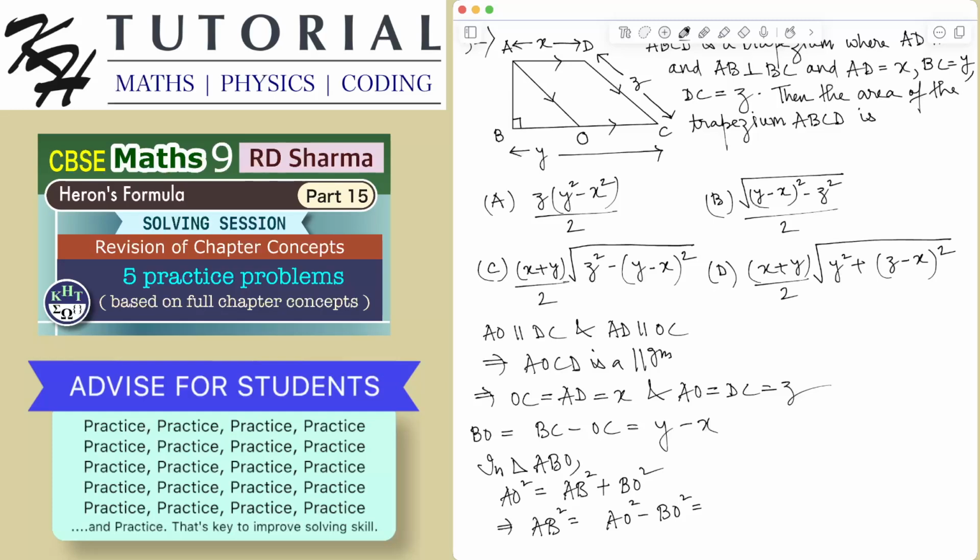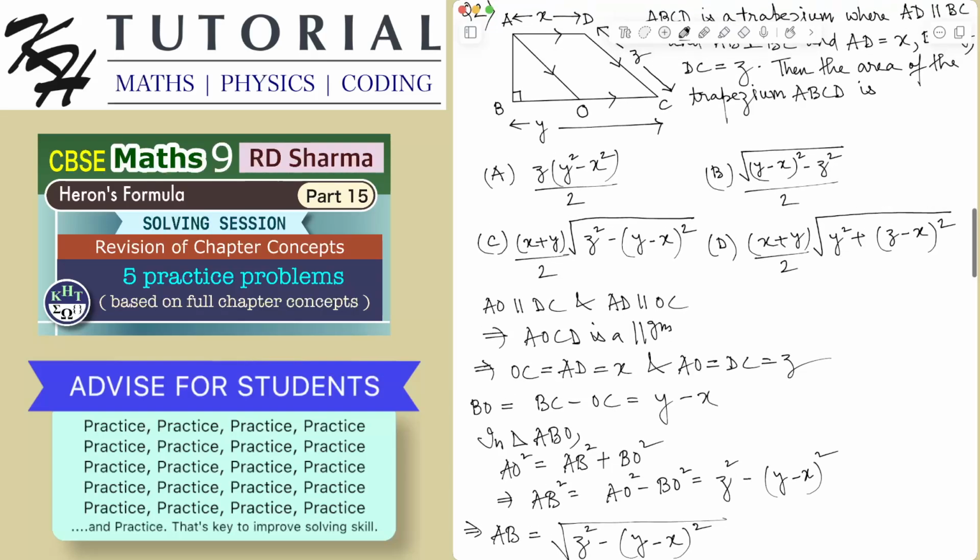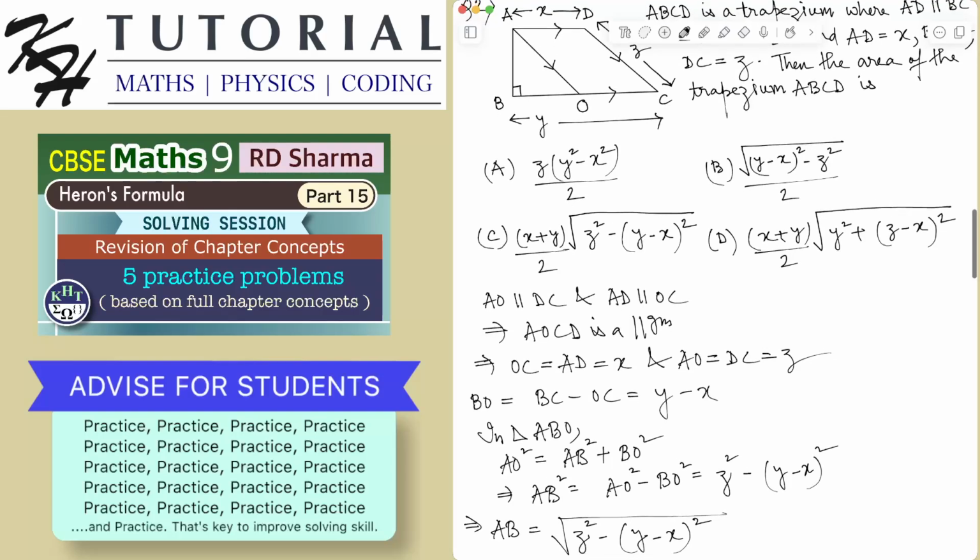AO is Z, so Z square minus BO square, where BO is (Y minus X). So AB is equal to the square root of Z square minus (Y minus X) whole square. So we have found AB, the length of the altitude of the trapezium ABCD.